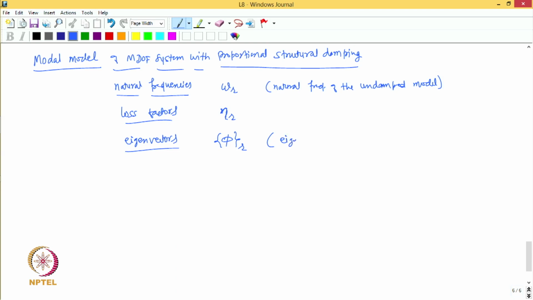Let me add the word corresponding here also.